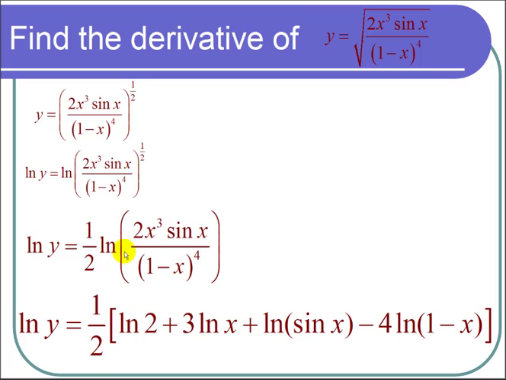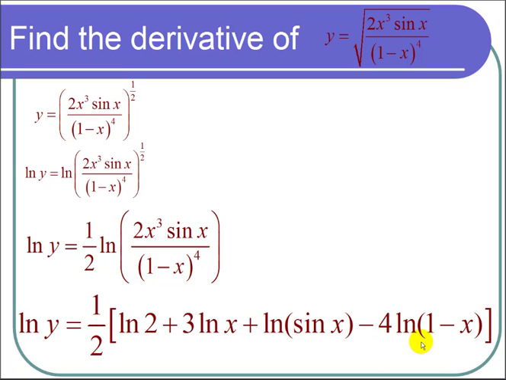So we can see that we have the natural log of 2, the natural log of x cubed, the 3 got brought over, and we have 3 times the natural log of x. Then we have the natural log of sine of x, the natural log of 1 minus x quantity to the fourth. First thing, it's in the denominator, so it's a minus. Second, the 4 can be brought over to the left-hand side of the logarithm.